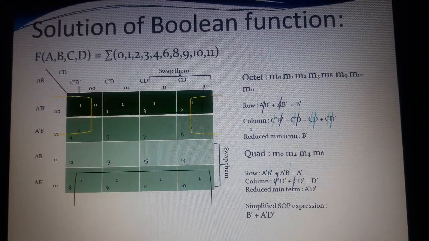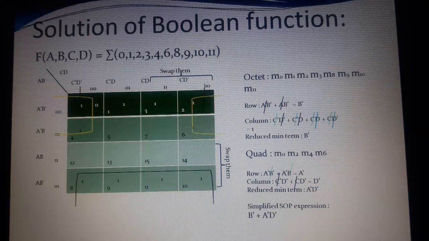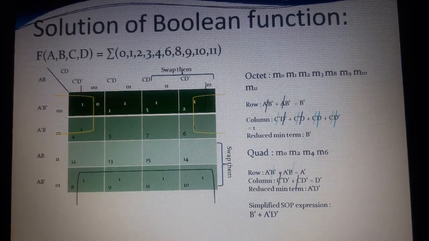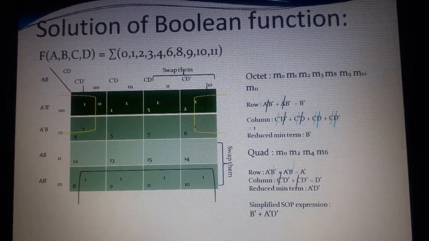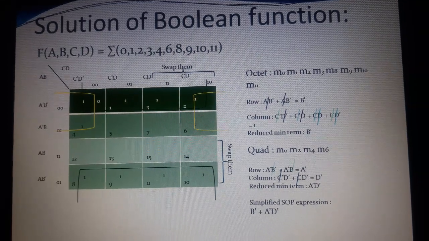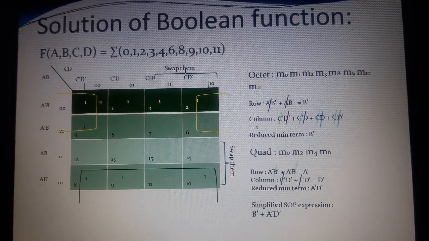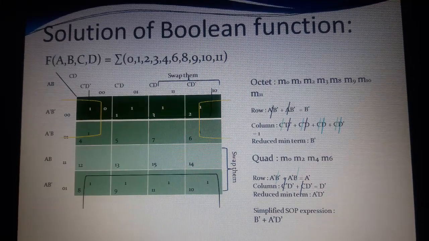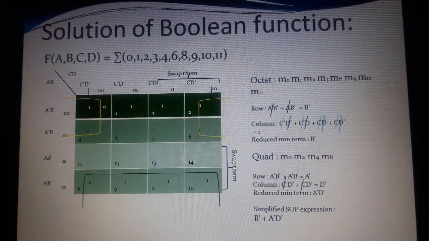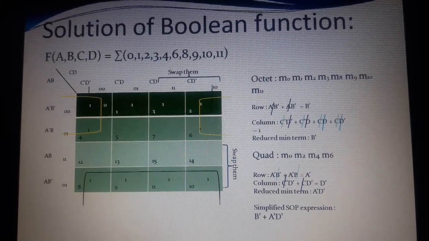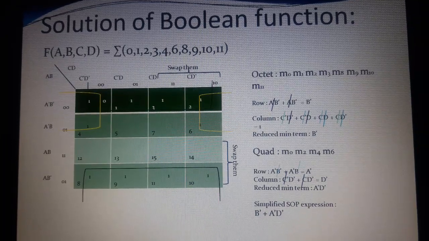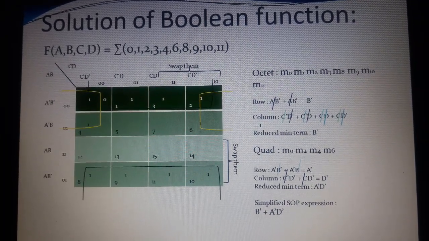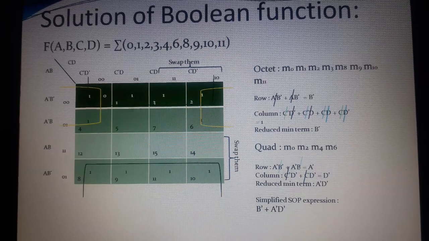Here we are having a Boolean function of SOP because we are having summation. If we are having pi over there, then we are having a POS expression, and then we have to mention zeros over there. Now we are dealing with SOP.